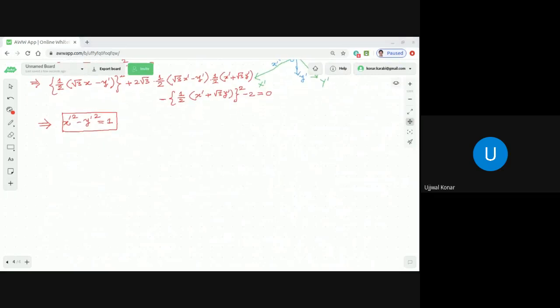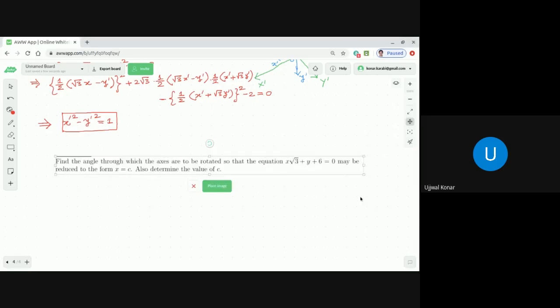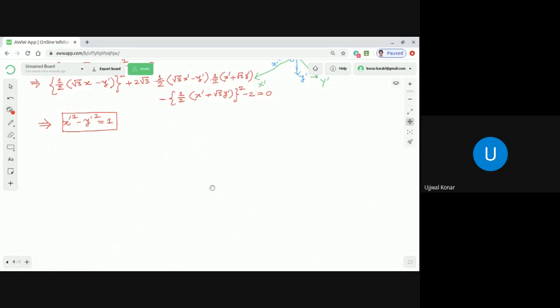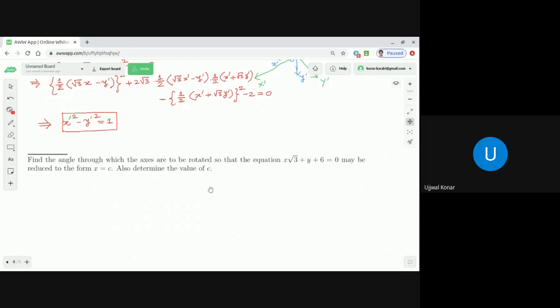Please take a note of it, or anyway you will get it through the class note as well. This is the question you need to solve and send to me before we start our class day after tomorrow. And the question is something like this, dear students.